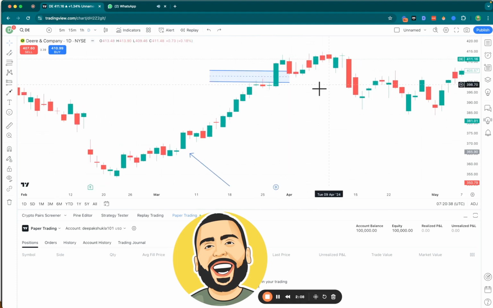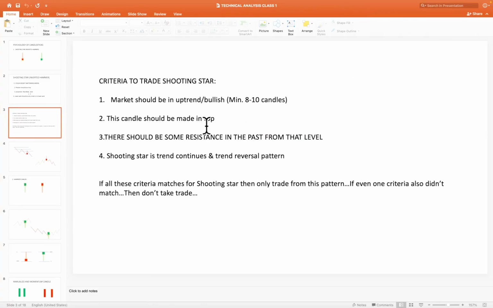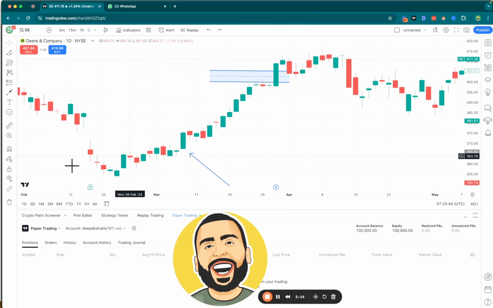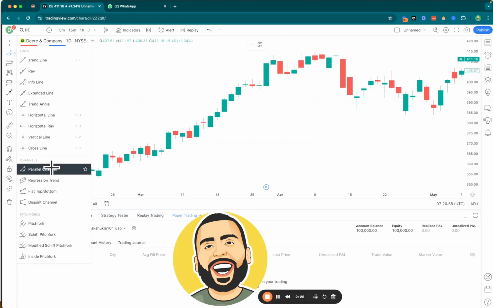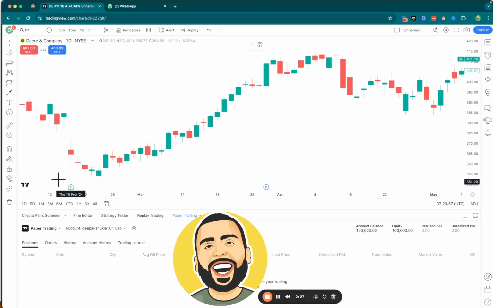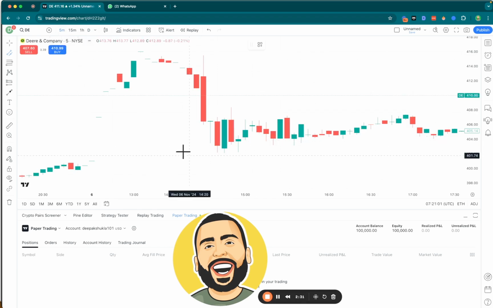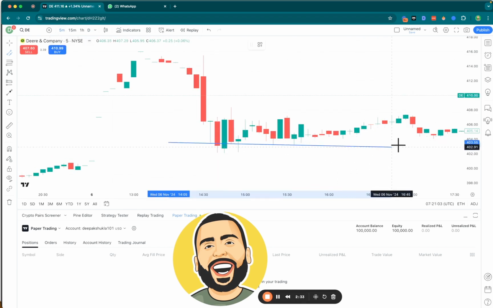But anyway, what we need to look for is the candle should be made at the top, and there should be resistance in the past. So support lines are, if we just remove 8 drawings. So then if we look, we need to kind of zoom out, but if we have a look at a 5-minute chart, then you'll see that there's kind of support lines here.